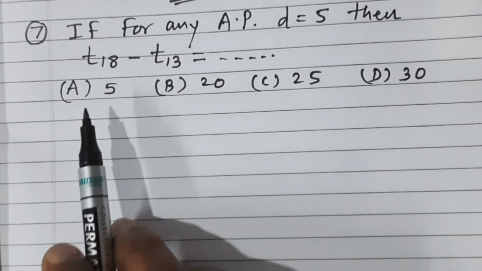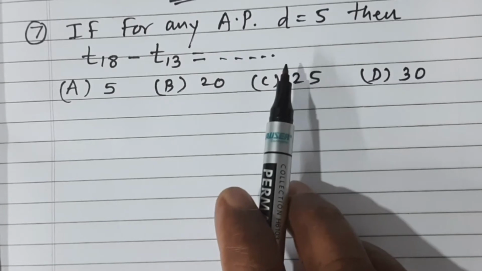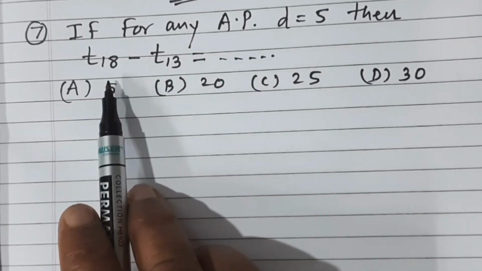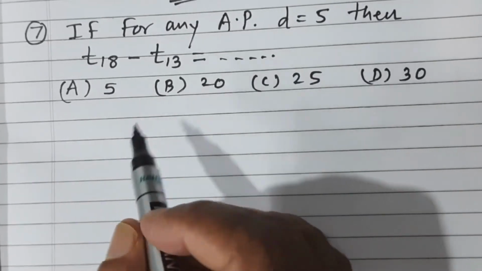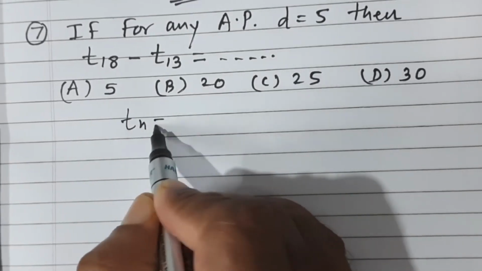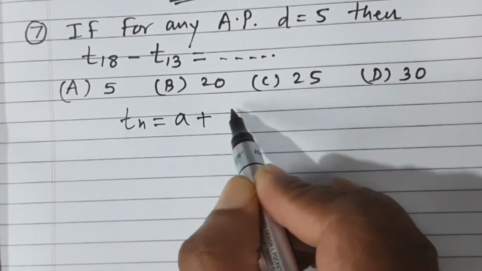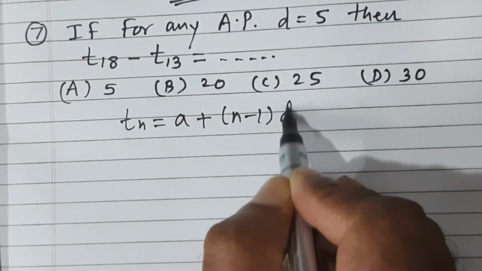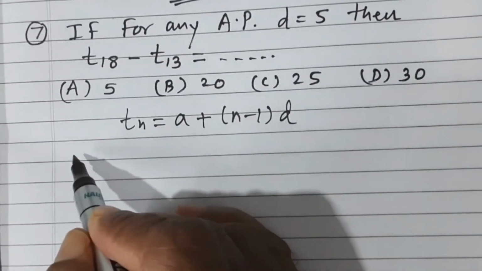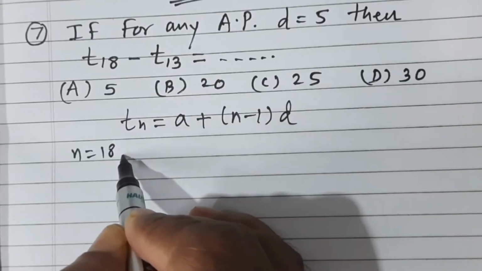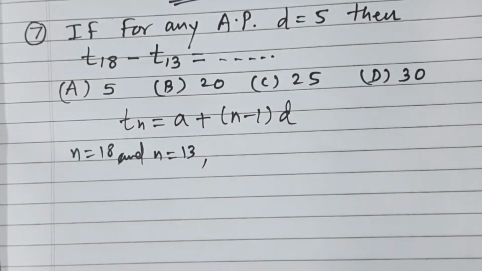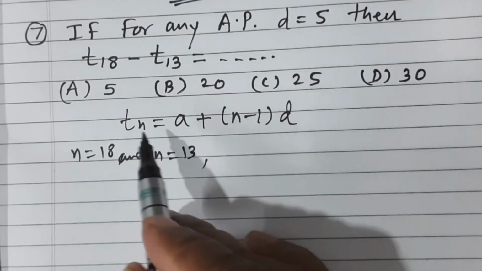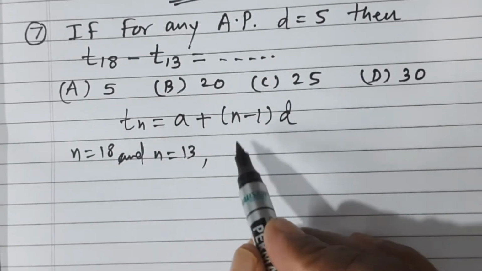Seventh example: if for an AP D is equal to 5, then find T18 minus T30. Now here we'll use the Tn formula: Tn is equal to A plus (n minus 1) into D. For n is equal to 18 and n is equal to 30, these two values of n we will substitute in this Tn formula.